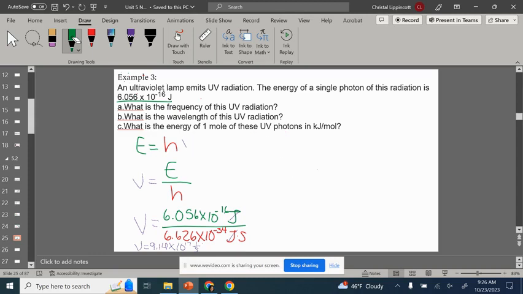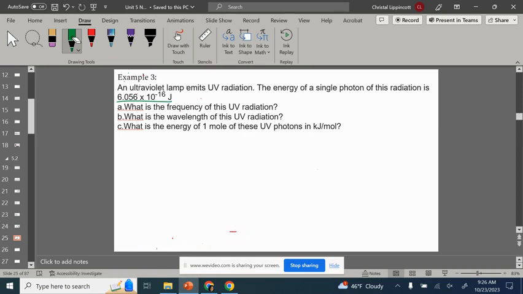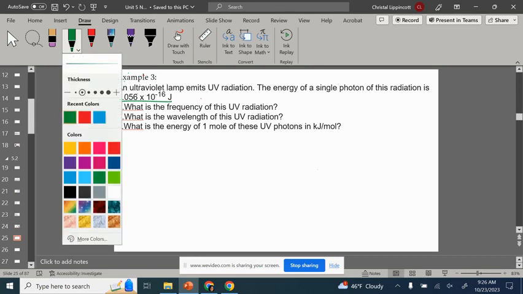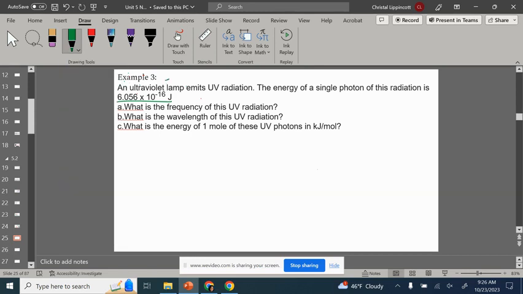So for C, they want to know the energy of 1 mole of these photons. And they want that in kilojoules per mole. Okay? So first of all, we need to know what a mole is.